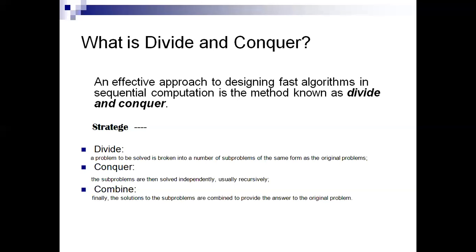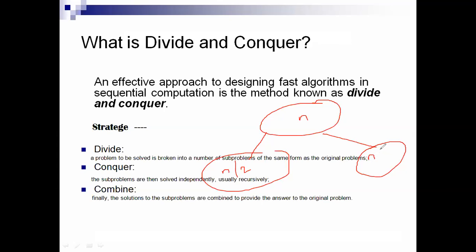Here we are dividing the total problem into parts. For example, I have a problem of size n. I divide the problem into two subparts: one subproblem of size n by 2, and another subproblem of size n by 2.